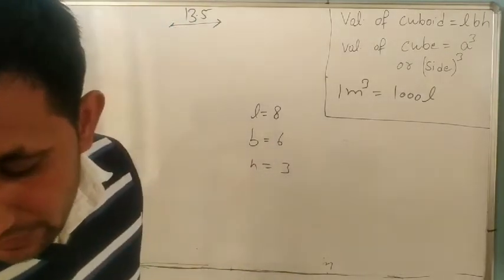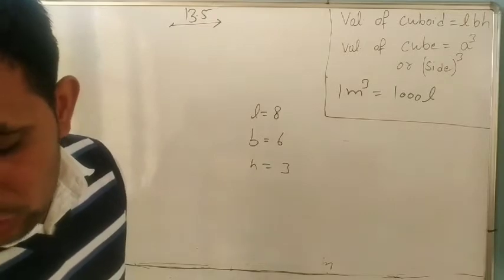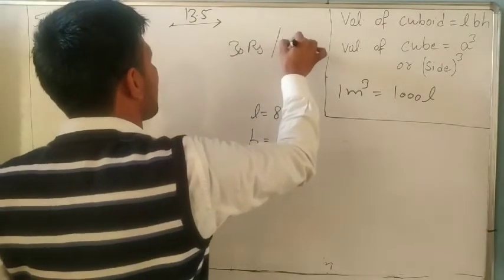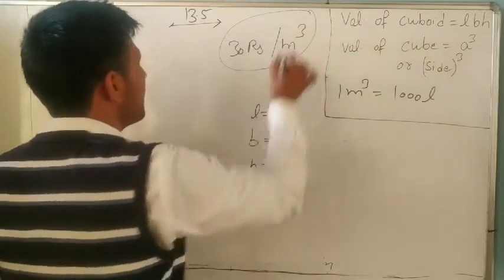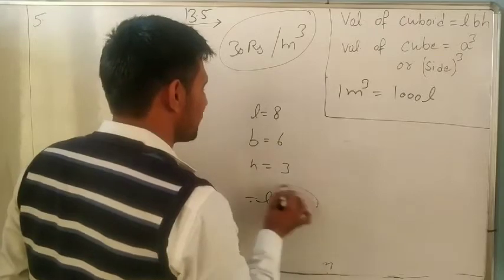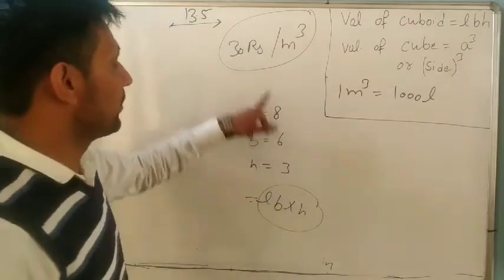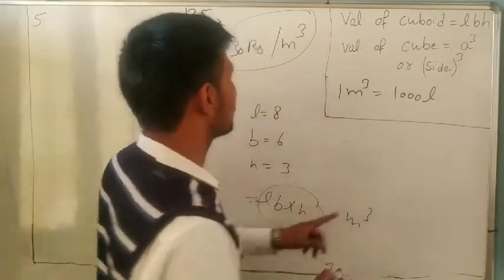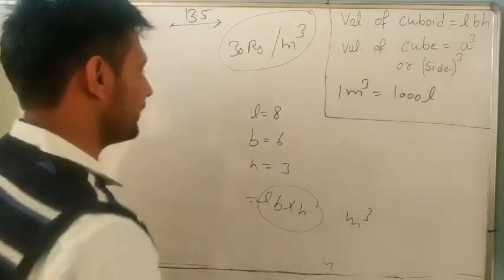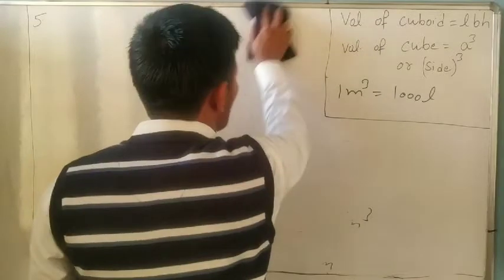We have to find the total cost, and the cost is given as 30 rupees per meter cube. So first we find the volume, L into B into H, which comes in meter cube, and multiply by 30. That is the total cost. We already did many questions like this one, so you will do it yourself.